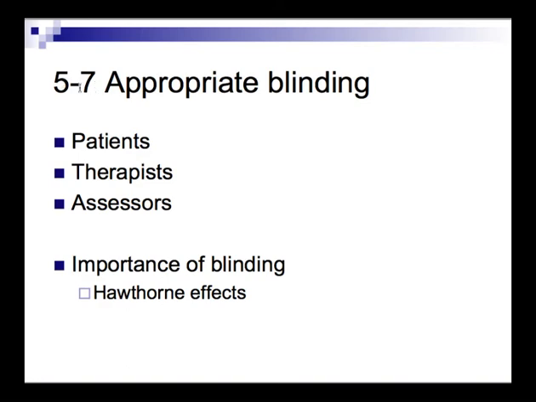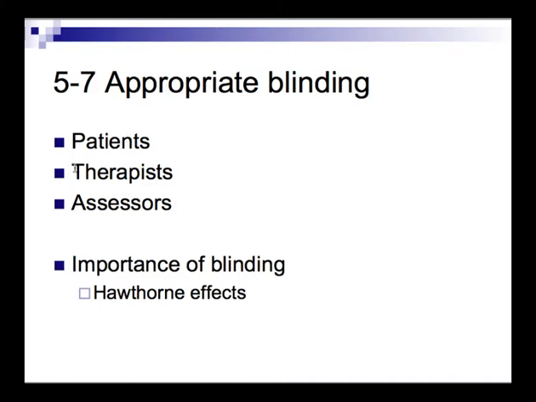Then the next 3 items on the PEDro scale have to do with blinding. So 5 is about blinding of patients, 6 is about blinding of therapists, and 7 is about blinding of assessors. And I think it's kind of obvious that biases from each perspective could be important. If the patients know that they're in the control group and not getting the experimental treatment, they could become discouraged.